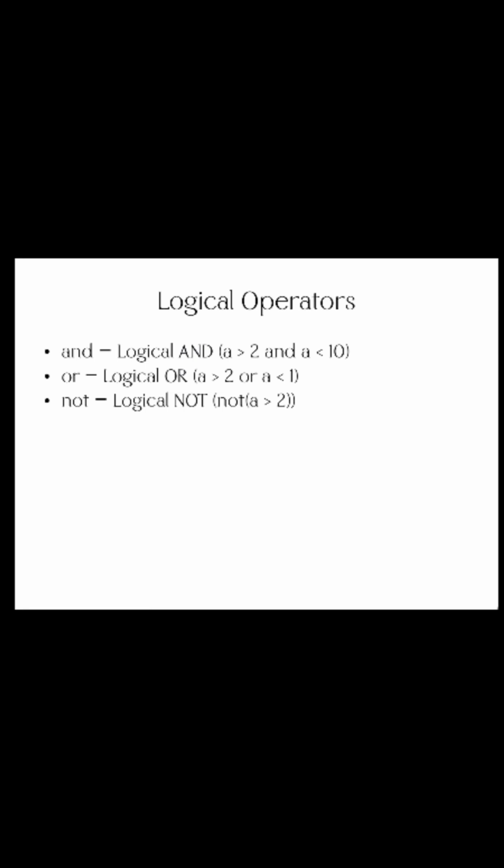If any of the conditions is false, then we will get false. Similarly, in the case of logical OR, if any one condition is true, then we will get true. In the logical NOT operator, we will get the complement of true or false. If the condition is true, then we will get false as output, and if the condition is false, then we will get true as output.